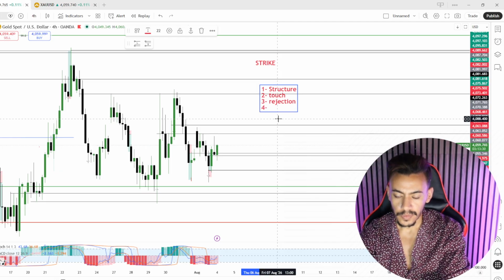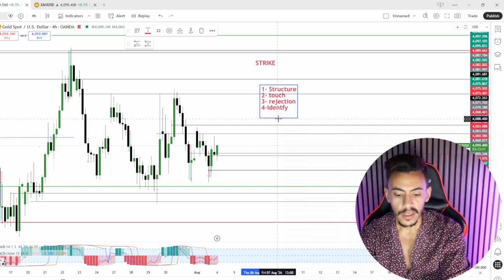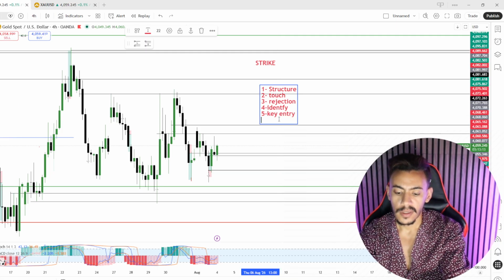Four, identify, which is where you'll be identifying your key entries. And five, key entry. Six is the last step that everybody loves, which is execution.